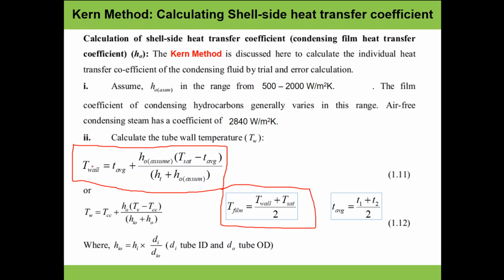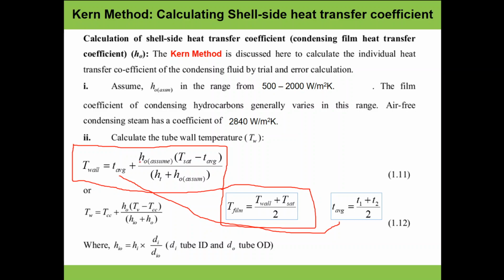To find the wall temperature, we need the average temperature of the liquid, which is given here: the liquid inlet plus outlet over 2. It also needs the heat transfer coefficient for the shell side, that is, for the steam side, but we don't have that, because our purpose is to calculate it. So it will be an iterative method.